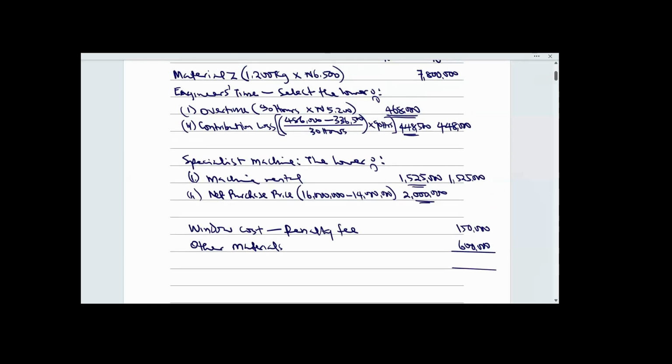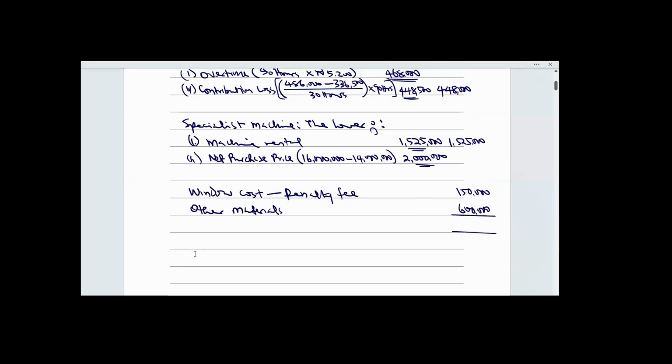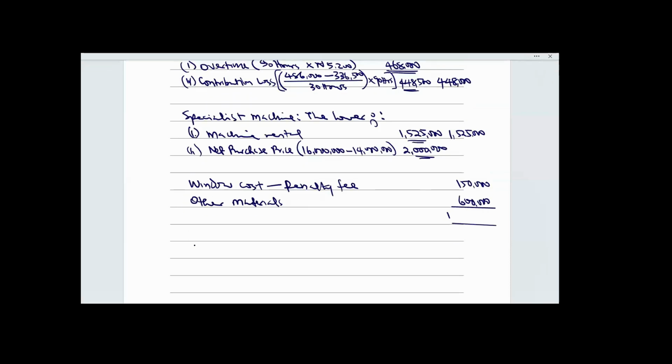Add it up. 10,523,500. So this represents the total relevant cost or minimum price to quote for the contract.